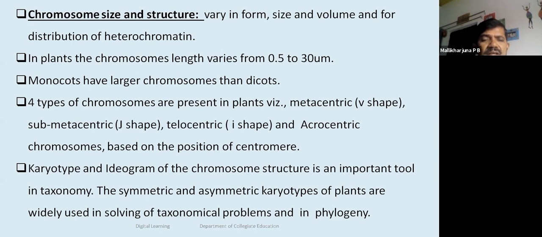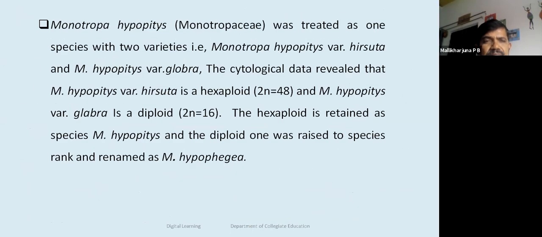Symmetric karyotype is evolutionarily a primitive type. Asymmetric type is the advanced type. So these criteria are very useful to understand the phylogenetic relationship among the plants.